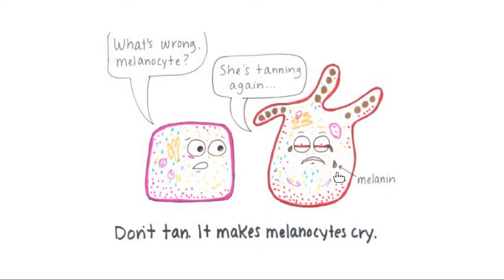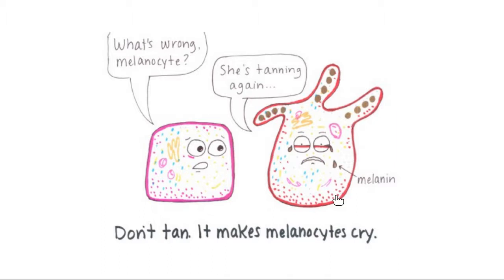The problem with that is that melanocytes, while they're really good at making melanin and giving that melanin away to other types of cells, they're really bad at keeping enough melanin to protect themselves. So melanocytes are kind of like the people that you have in your life. Maybe you're one of them that's always taking care of other people and not really taking care of themselves.